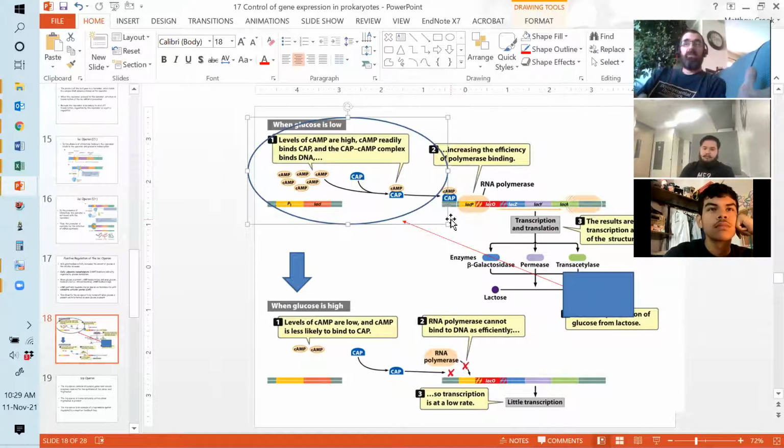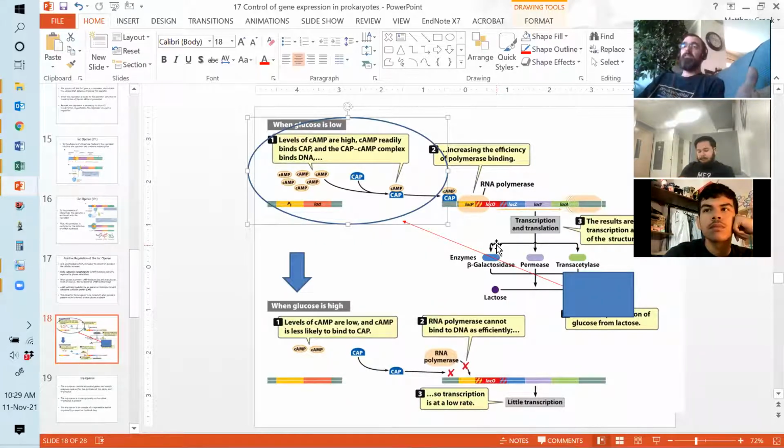If we don't have lactose present, none of this matters, right? Because if lactose is absent, LAC-O is going to be occupied by the repressor, LAC-I. And so all of this is shut off. Doesn't matter how much glucose is present or not, it's irrelevant. There's no lactose present.